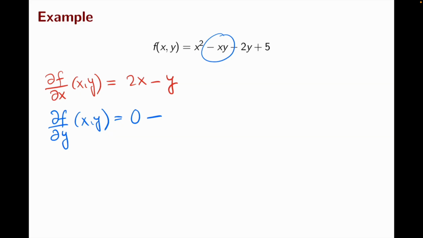Well, minus x is a constant that goes out of the derivative, and the derivative of y is just 1. And then minus the derivative of 2y, which is 2, and plus the derivative of pi, which is 0. So this derivative is just minus x minus 2. So these are the two partial derivatives of this function.